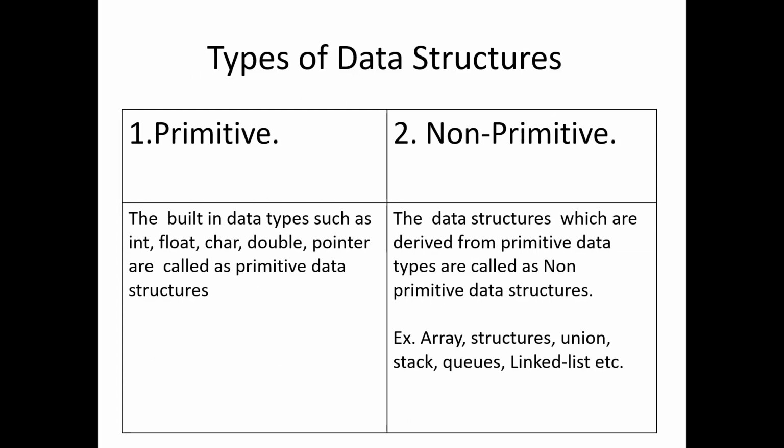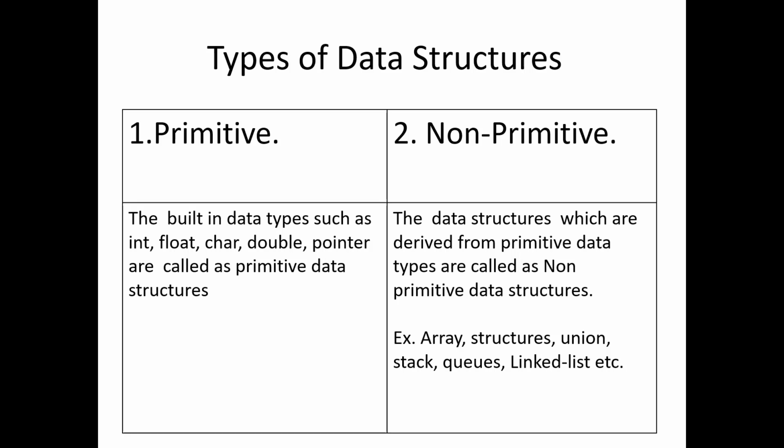Next, coming to the types of data structure, that is primitive and non-primitive are the two main types of the data structure. Coming to primitive data structure, in this we can use the built-in data types as primitive data.